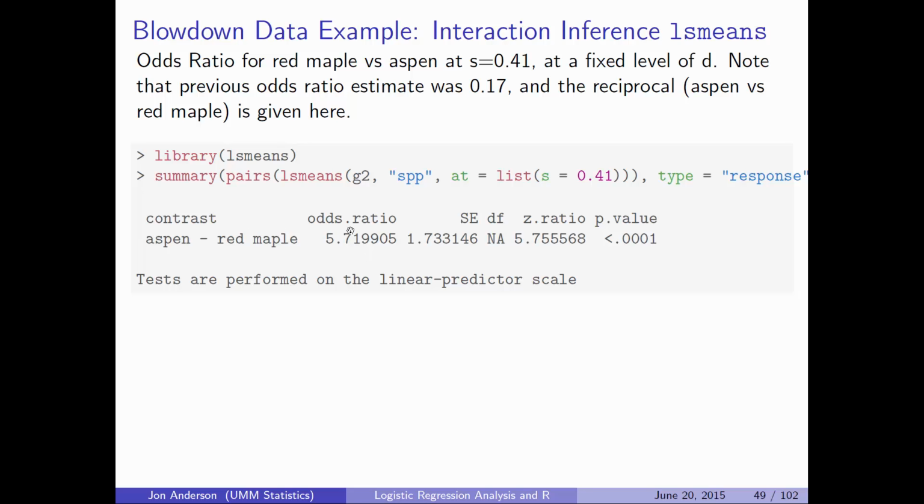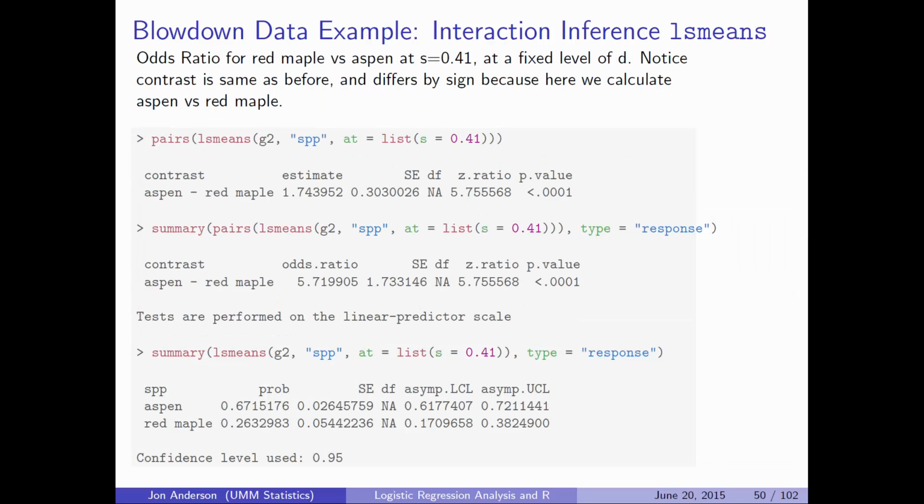This 5.72, by the way, is just 1 over the odds ratio we had previously of 0.17. If you take 1 divided by 0.17, the old odds ratio, you will get the new odds ratio. It's just a flip. And so you get essentially the same comparison.